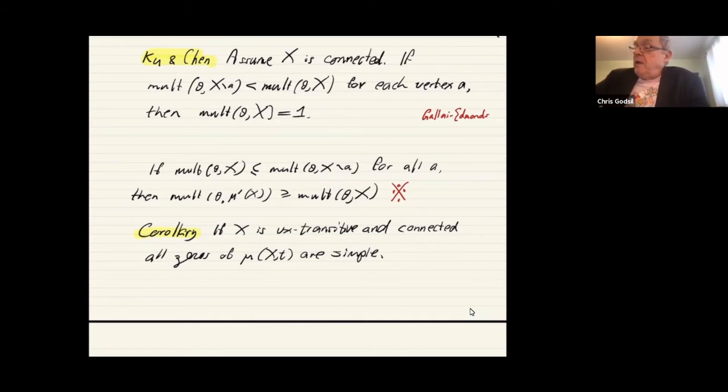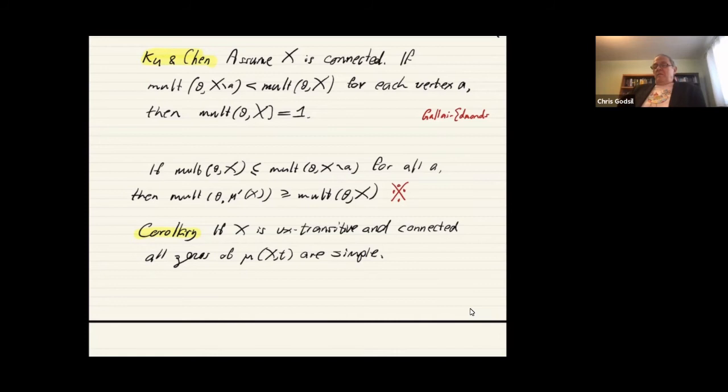Now, the proof is simply that if the multiplicity of theta in X drop A is at least as large as the multiplicity in X for each vertex A, then since the sum of the matching polynomials of the vertex-deleted subgraphs is the derivative of the matching polynomial, you deduce that the multiplicity of theta in the derivative of the matching polynomial is at least as large as the multiplicity in the polynomial itself. And that doesn't work.